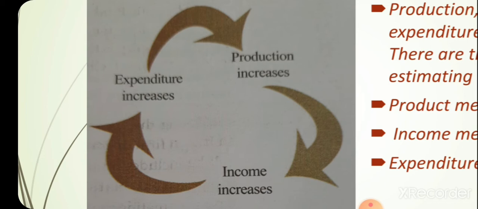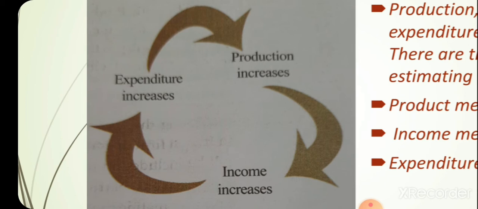For giving these factors of production, the household gets factor income like rent, wages, interest, and profit. So, when production increases, that leads to the increase in the income.